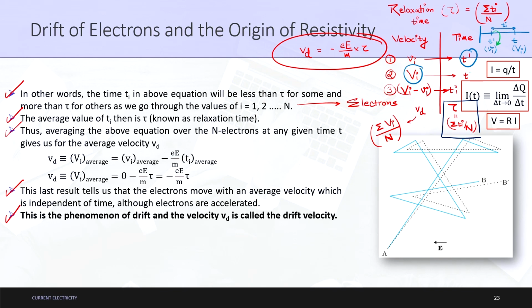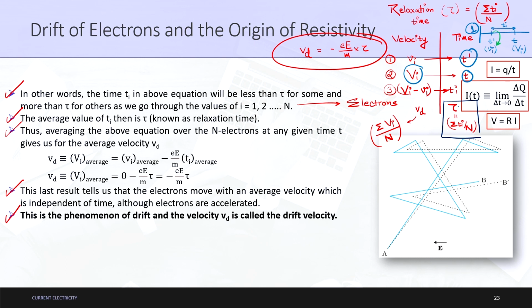The difference between the velocity at capital Vi and small vi is related to the time, which is equal to small ti, hence denoted here like this. This is for 1 electron. Similarly, there would be N electrons, so the value of ti can be calculated by the average, which is the summation of ti by capital N, called the relaxation time.